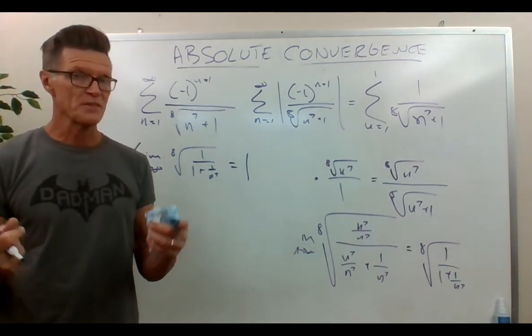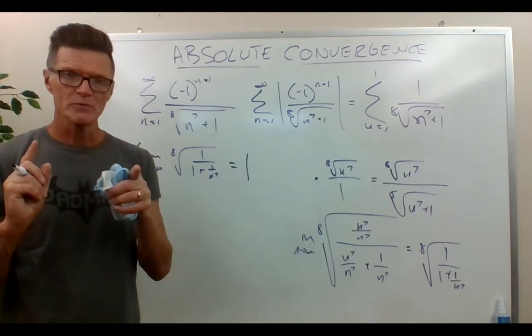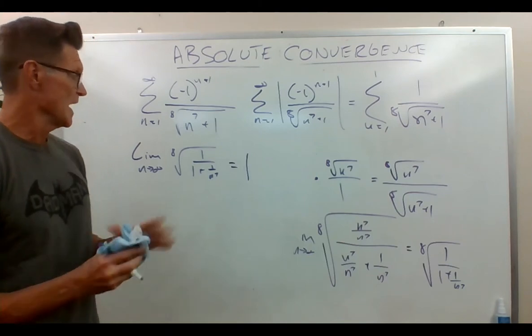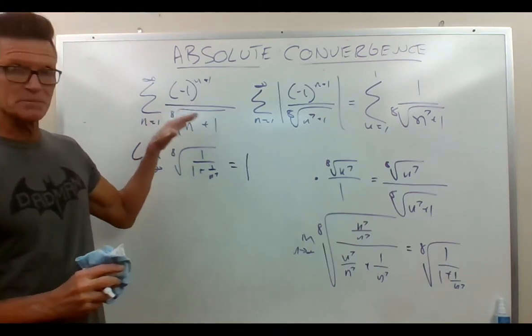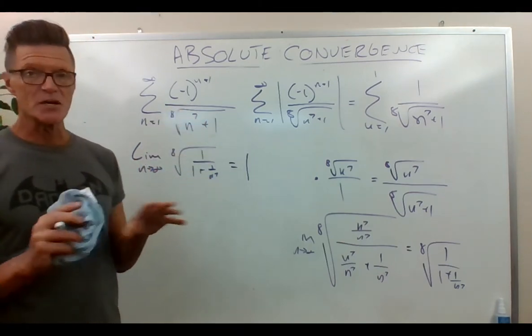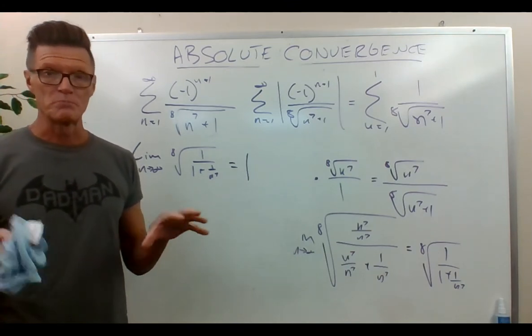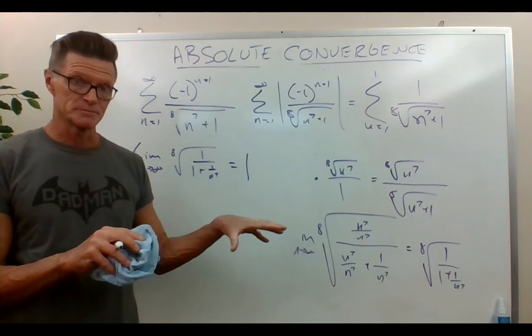So remember, what are we doing? The limit comparison test says if the limit of a sub n divided by b sub n is equal to some value L, then both series converge or both series diverge.